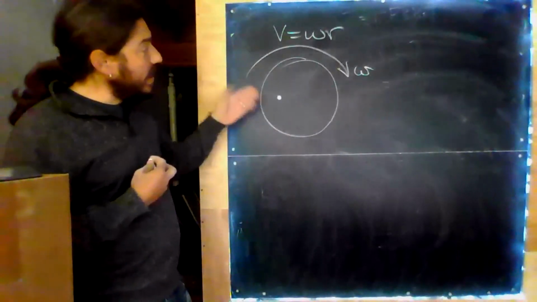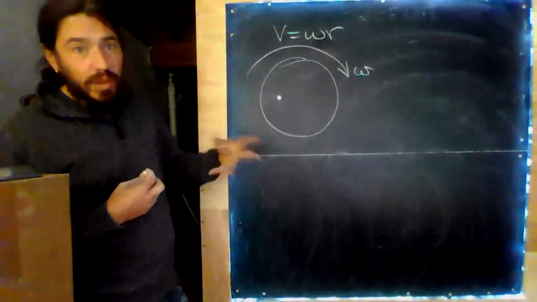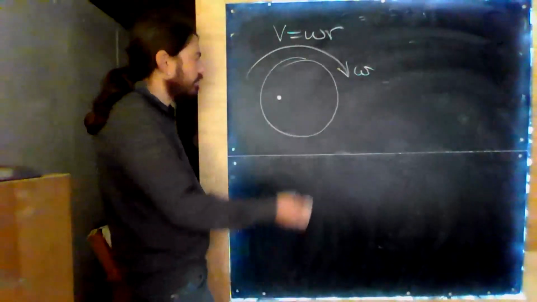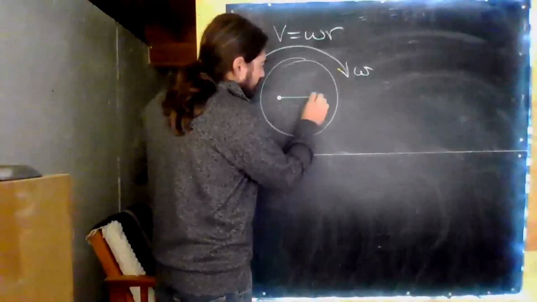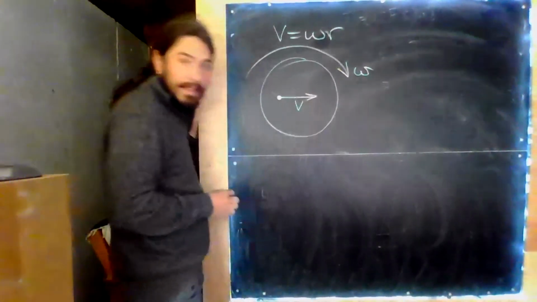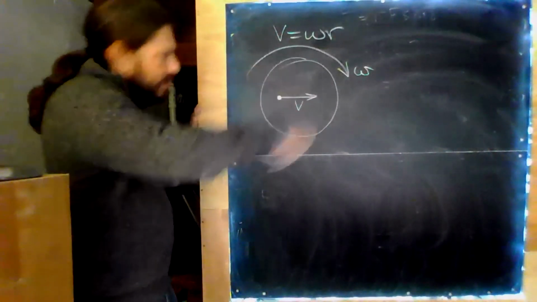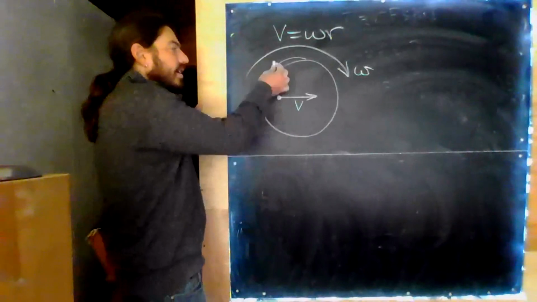Then this point is going to be the combination of the translational motion and the rotational motion. Well, the translational motion just looks like that. What about the rotational motion? Well, it's rotating like this, so it's going to be going upwards.